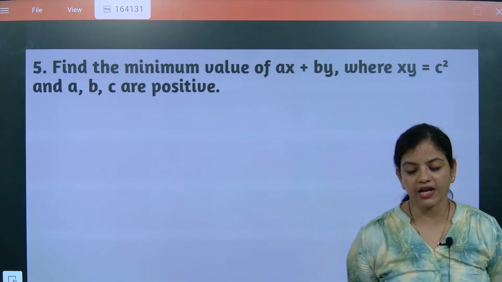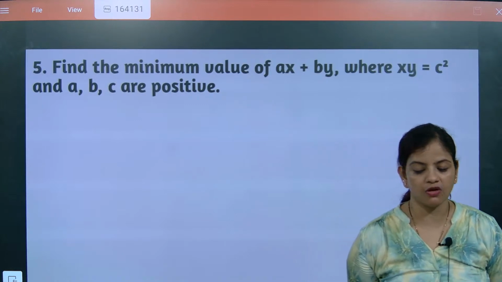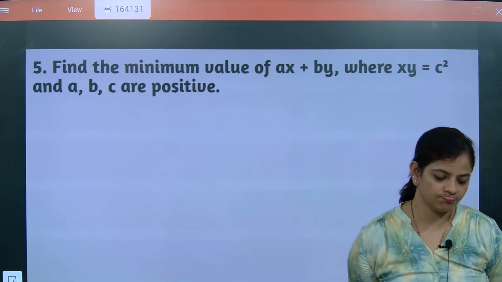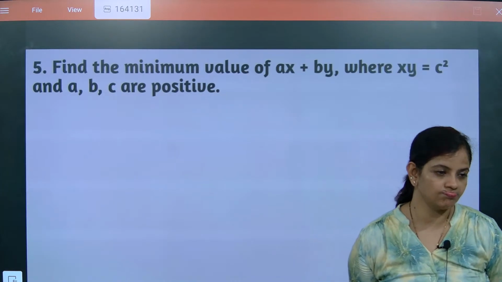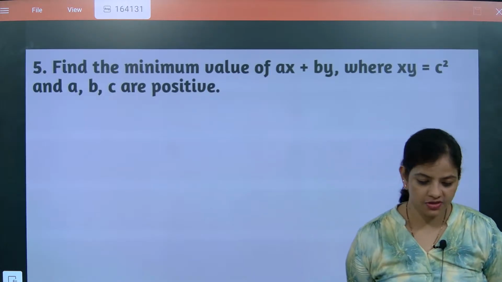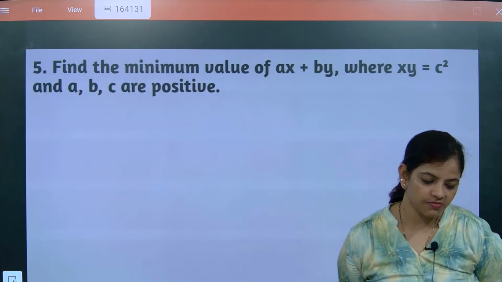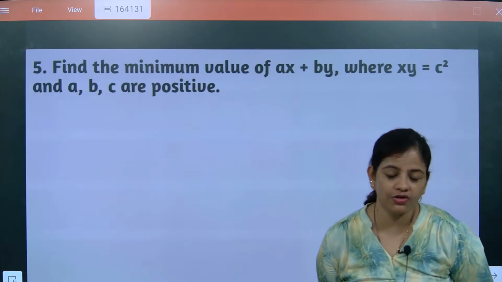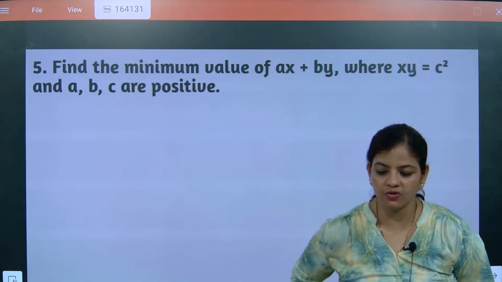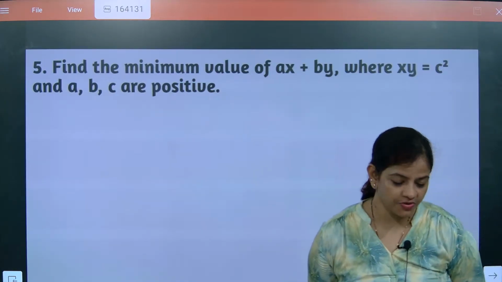Minimum, maximum, getting at what interval is important. Try first. Maxima, minima is totally on your thinking capacity. How nicely you are thinking, that nicely you'll be able to solve it. Trust me.